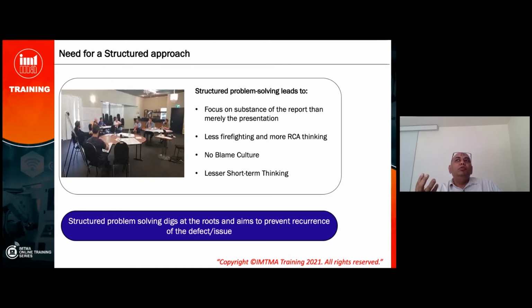So if you are involved in solving quality issues, your mindset should be to first understand the root cause and suggest a solution that will prevent the recurrence of that defect. Mostly that solution would be error proofing, or many other solutions, but generally it is error proofing.